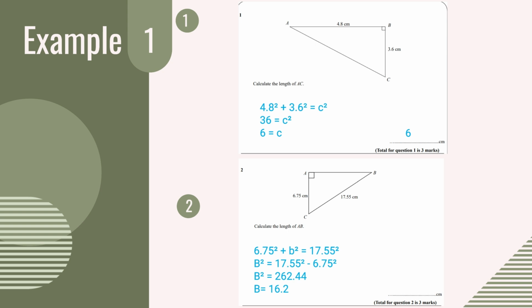We rearrange the equation to get B squared equals 17.55 squared minus 6.75 squared, which is also writing B squared equals 262.44. We then square root both sides to get our final answer of b equals 16.2.